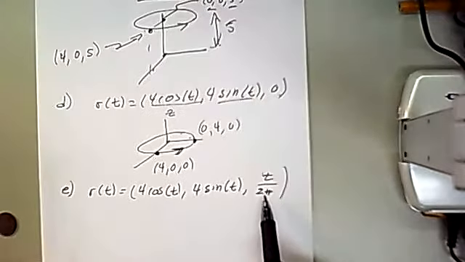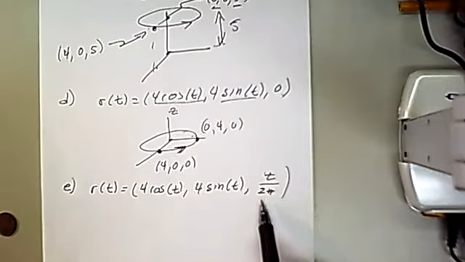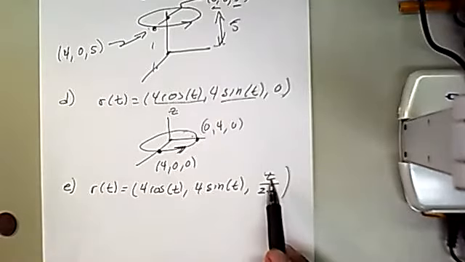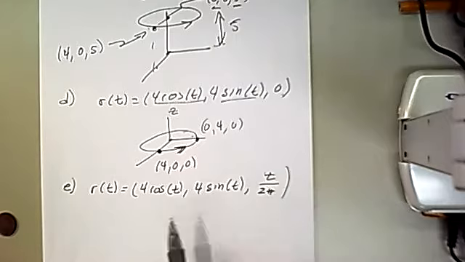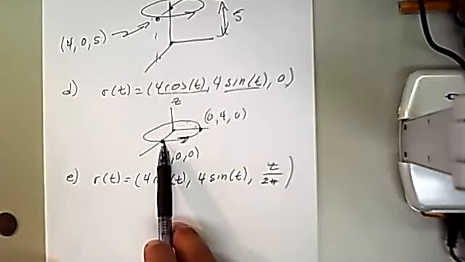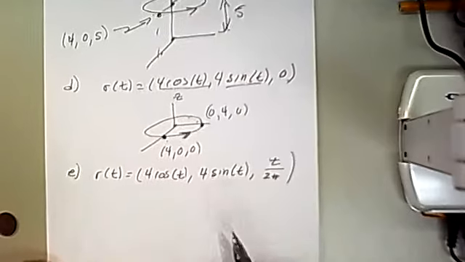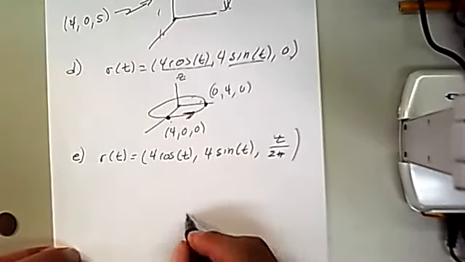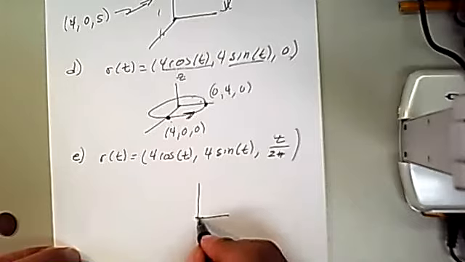The height of the circle varies. So at first, when t is equal to 0, we have 0. But when t is equal to 2 pi, by the time we finish a whole revolution and we come back to this point, we're going to end up with this point, except that the height is going to be different.